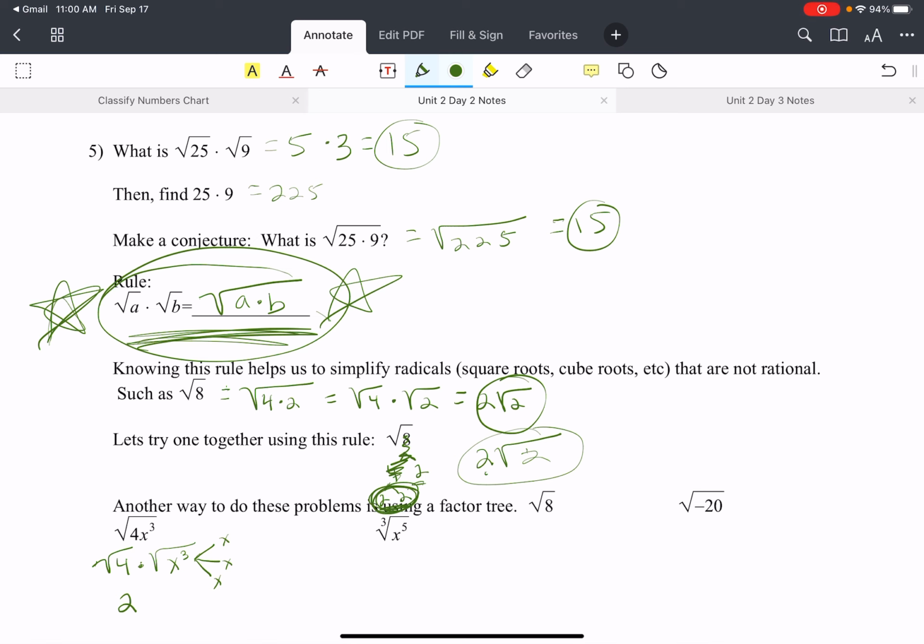So do I have any pairs I can group together? Yeah, because I've got 3, so I'm going to pair these 2 up. They get married, become one happy family, move out of their parents' basement. And then my 1 x that didn't have a pair is what stays under the radical.